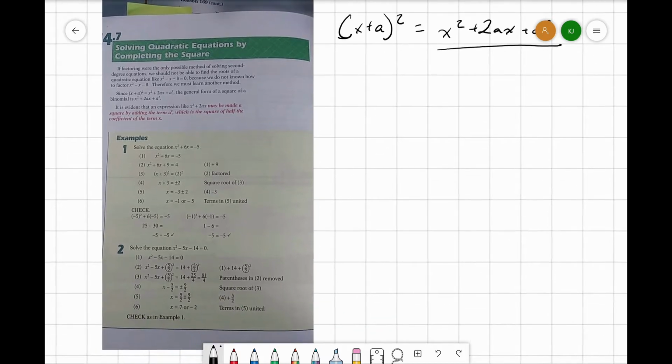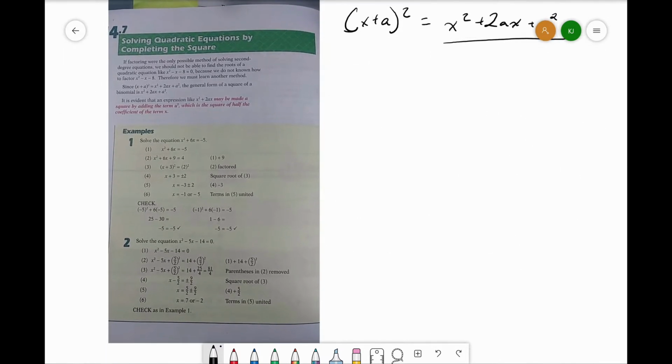So let's solve some of these example problems. If we have the equation x squared plus 6x equals negative 5, the first thing we're going to do is take this number here, which is 6, divide it in half to get 3, and then take 3 and square it, which is 9.